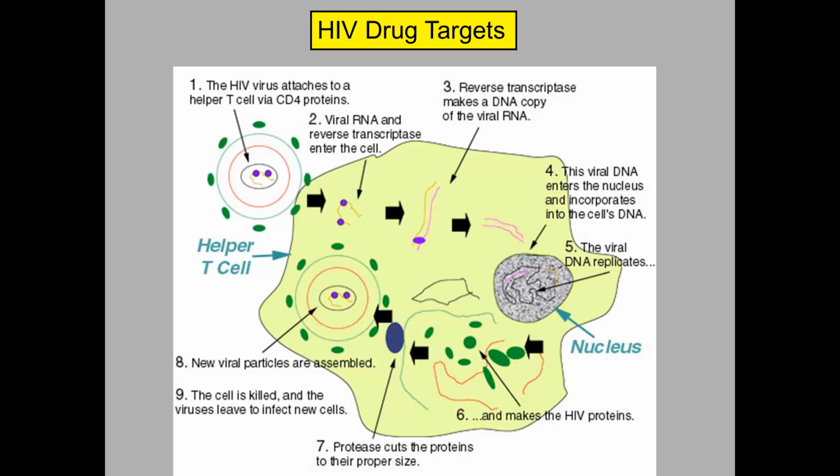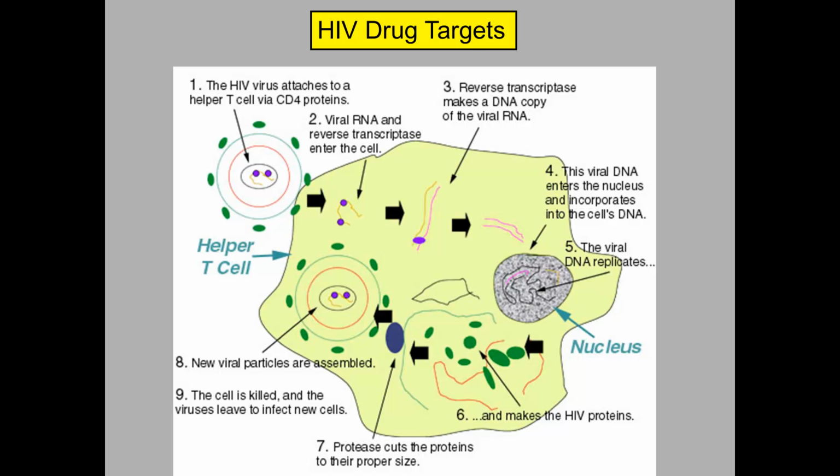So if you can block those CD4 proteins binding the HIV virus, then that's beneficial. Another aspect of the HIV that we've developed drugs against is viral RNA and reverse transcriptase. If you can block the reverse transcriptase from making a copy of the viral RNA, then that would be very beneficial because the virus wouldn't be able to replicate.